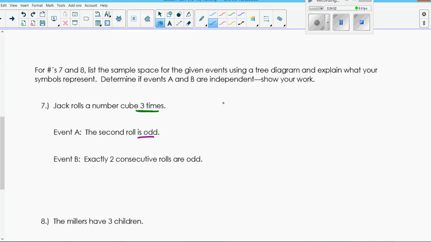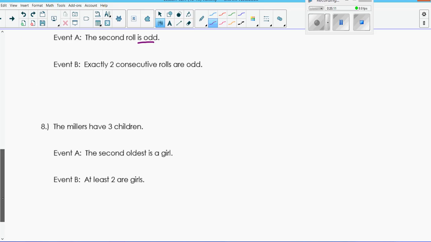So you'd make up your outcomes: odd, odd, odd, odd, odd, even, odd, even, odd, and so on, and you do the same thing for even, and that would give you 8 total outcomes, just like flipping a coin. And then 3 children, same thing. It's boy, girl, so you'll have 8 outcomes, but B and G instead.